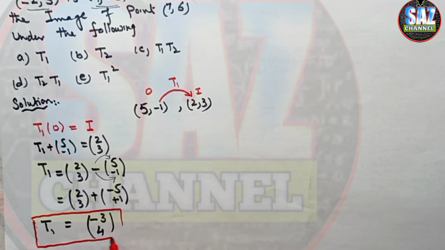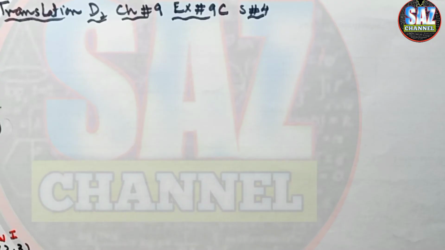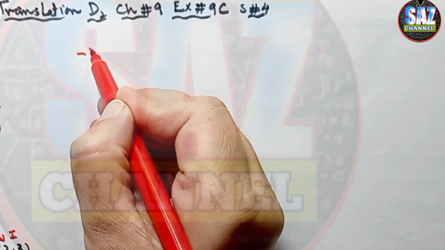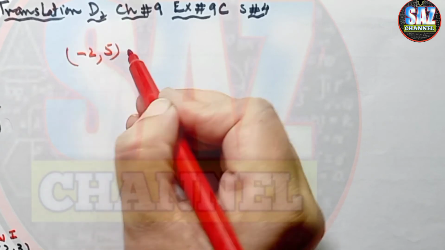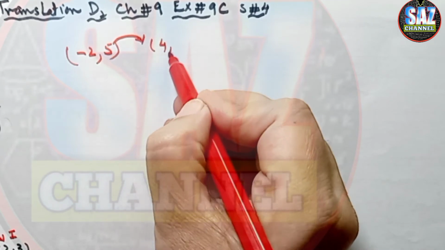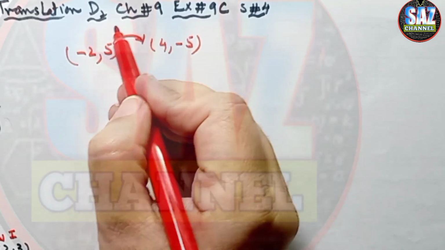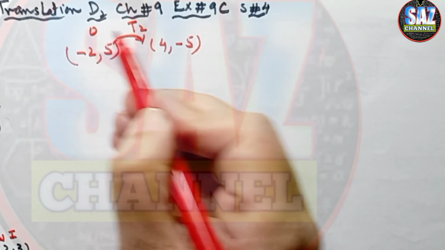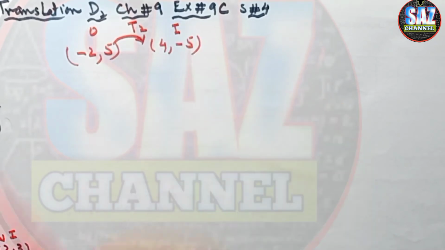And now we have to find the second translation vector, that says that under T2, image of minus 2 and 5. Now for T2, minus 2 and 5 is the object and it maps onto 4 and minus 5. So under T2, this is the object, this is the image.